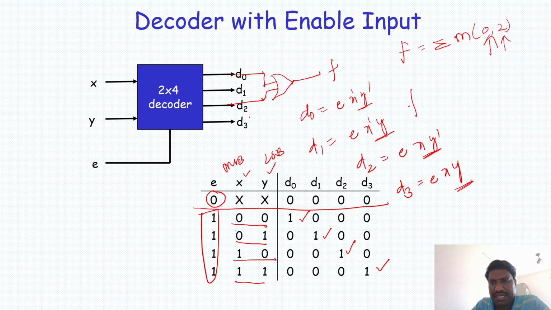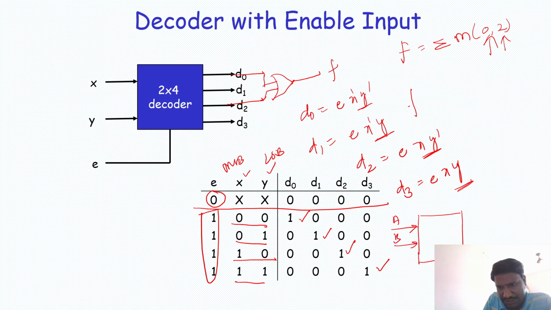So what I try to do is, I try to implement half adder using decoder. How to do that is very simple. I take these inputs as A and B inputs. This is enable, there is no change. I am getting outputs, of course 4 outputs.